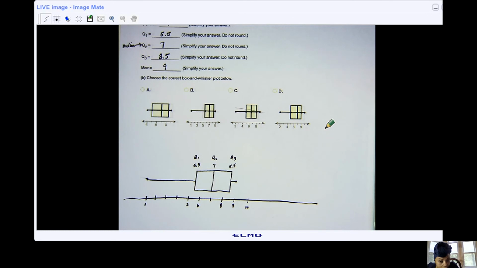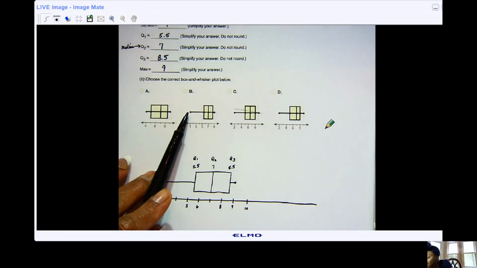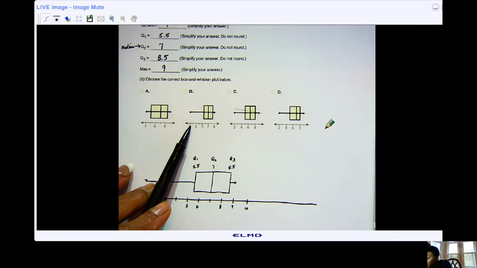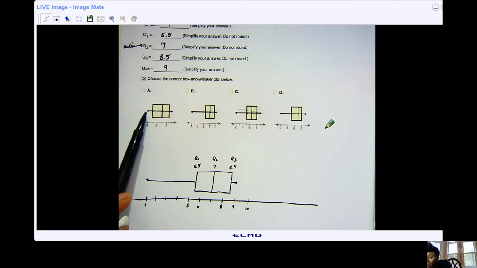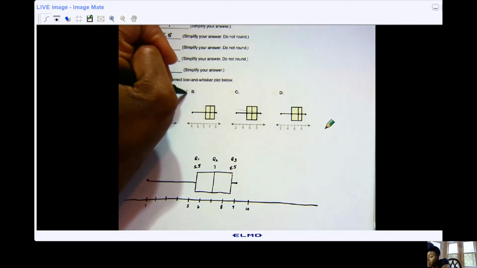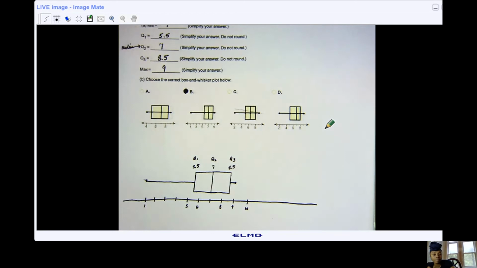It looks like it would need to be B. And actually, this is really easy to tell because B is the only one that has the minimum value at 1, at the correct value. This one has it at 2, that one has it at 2, and that one has it at 4. So picking out the correct graph is really easy. Okay? So that would have to be B.